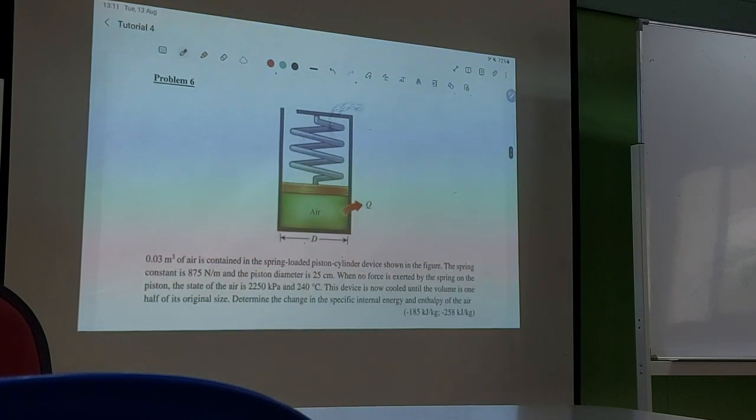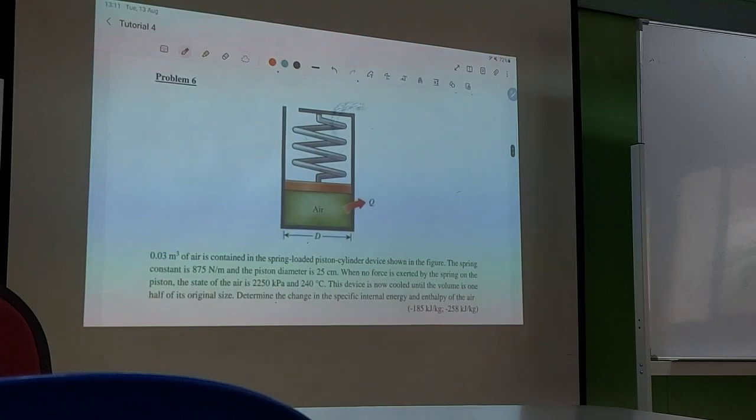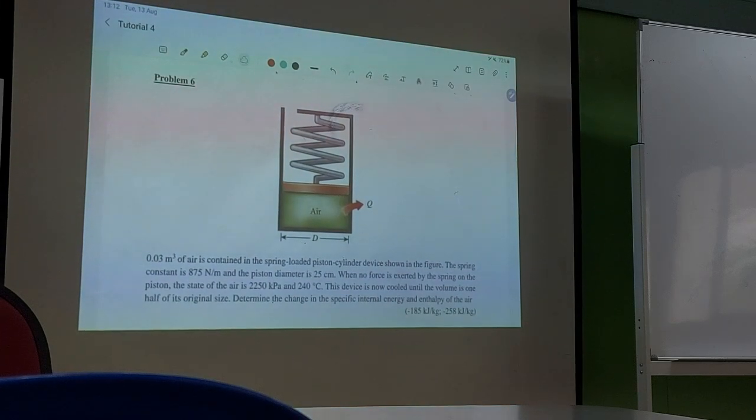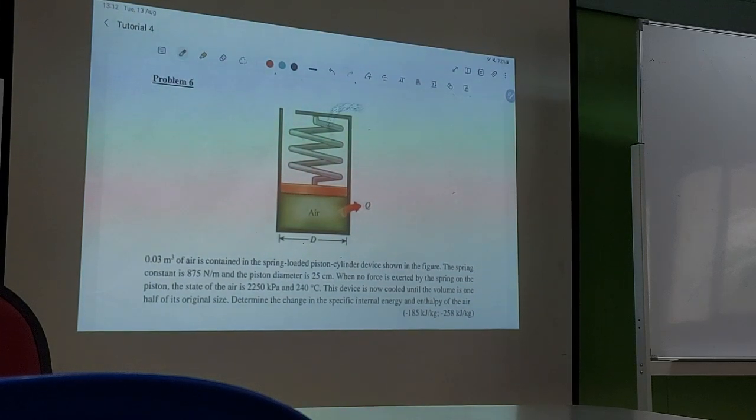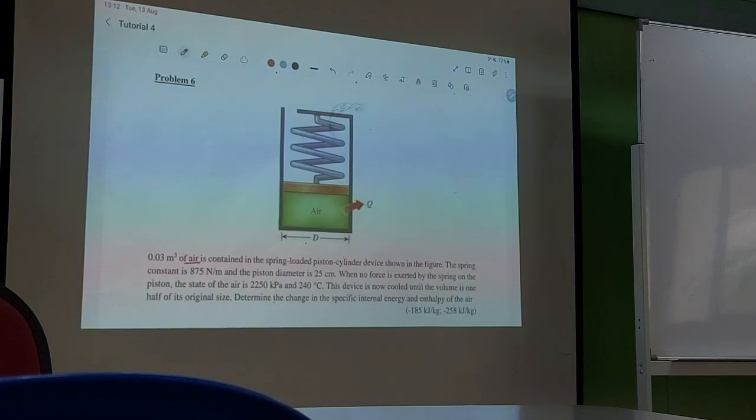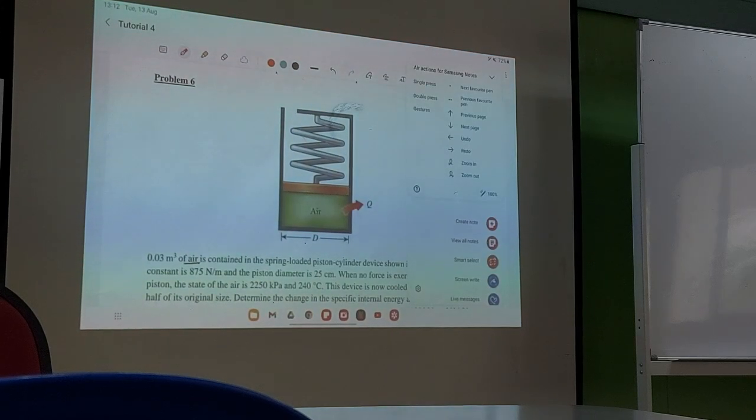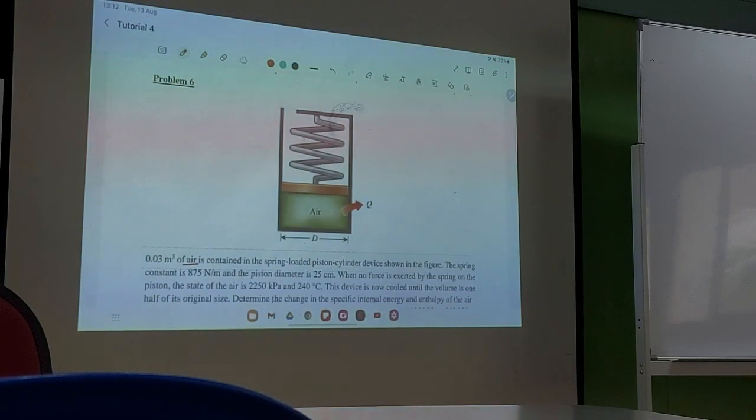Now, we look at problem 6 here. Okay, problem 6 here we have a piston cylinder device, but this question is about air. So let's take this.